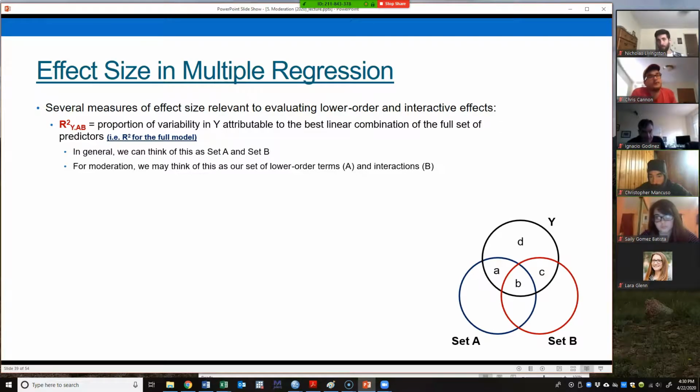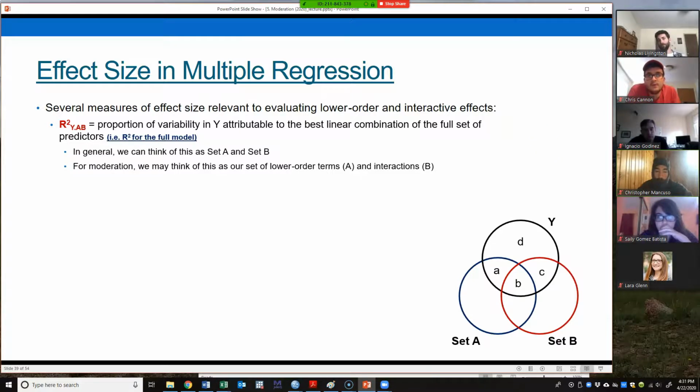Again, going back to our handy dandy Venn diagram, just so we're clear on notation, if I'm looking at R squared Y given AB, we can think of this as the proportion of total variability in Y attributable to the best linear combination of my set of predictors.